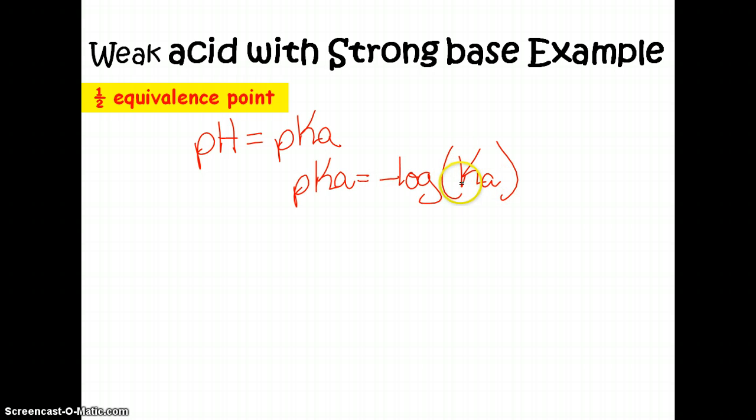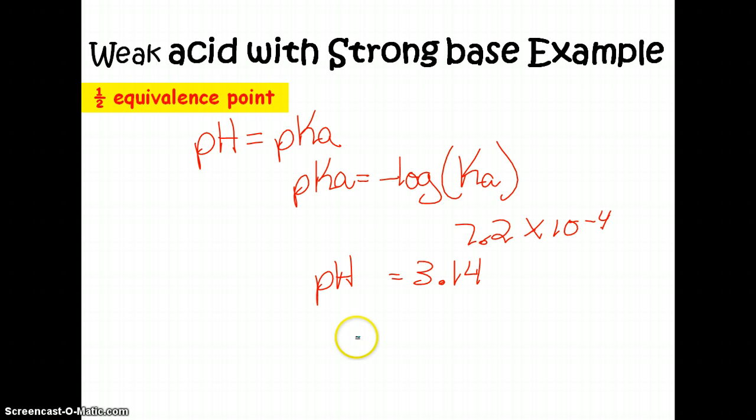The Ka is 7.2 times 10 to the negative fourth, so we're going to negative log it, and we get a pKa of 3.14. Because the pH is equal to the pKa, we know that the pH at half equivalence is 3.14.